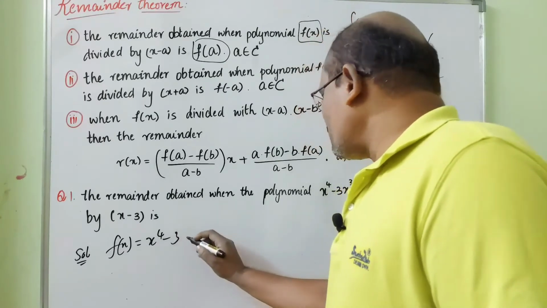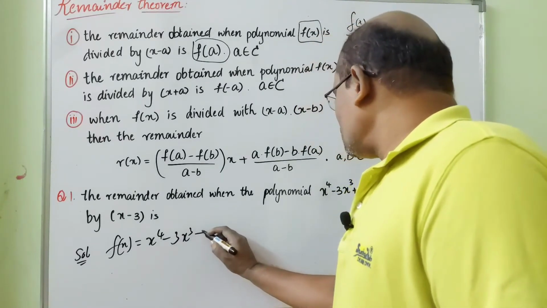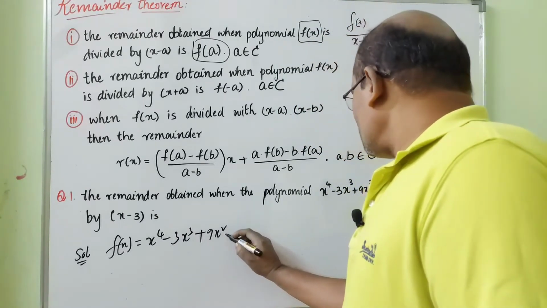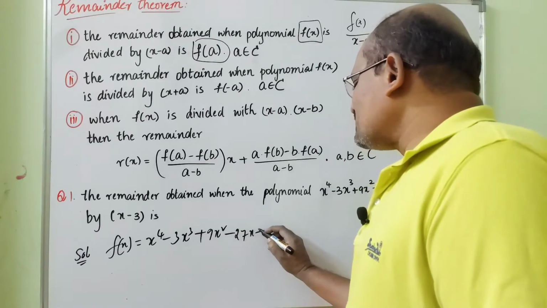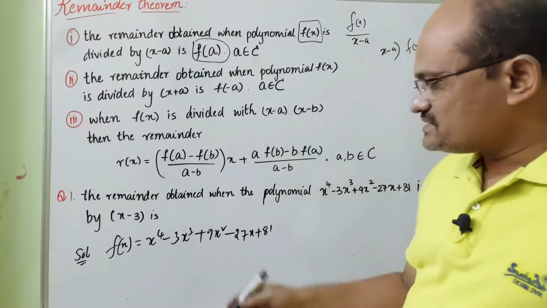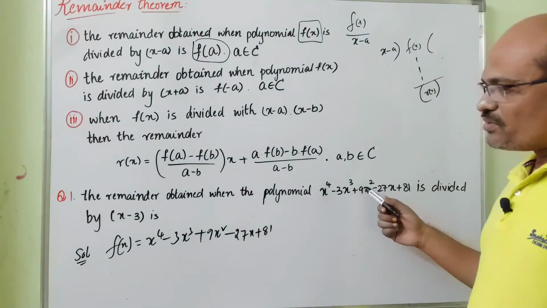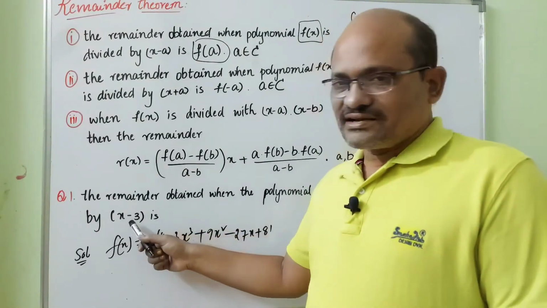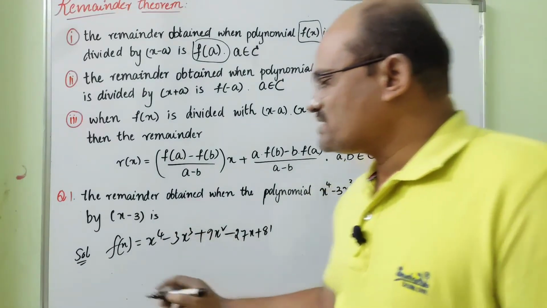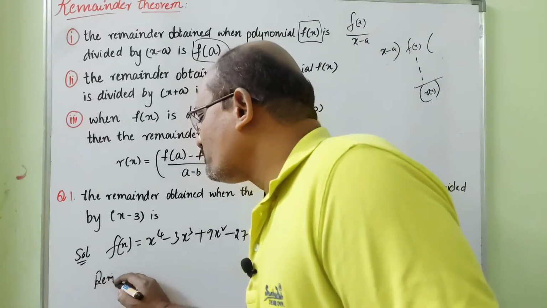You are dividing this polynomial with the first degree factor x minus 3. Now what is the remainder you will get?